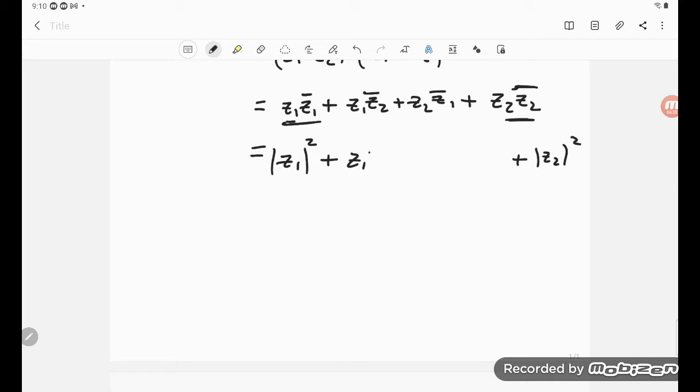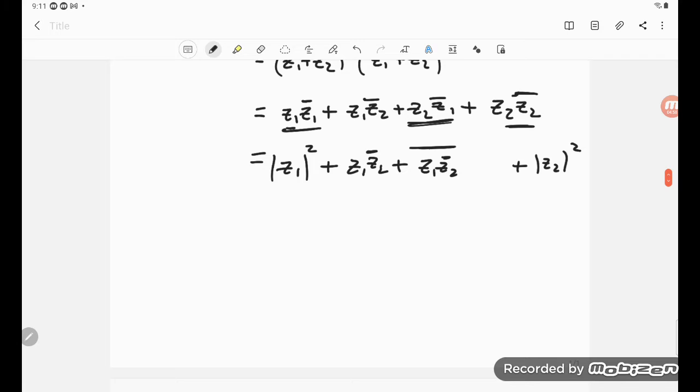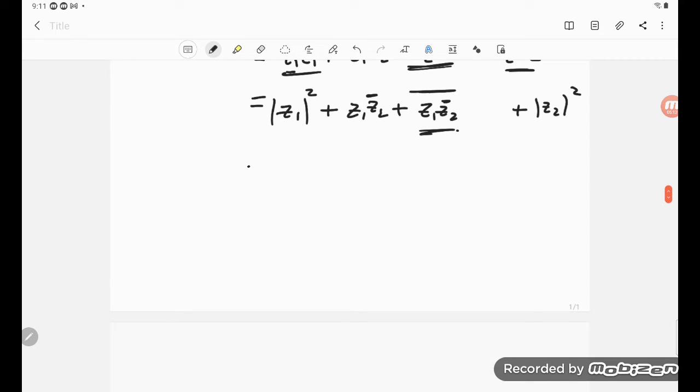Well, this is Z1 Z2 conjugate, and notice then that this here is the conjugate of Z1 Z2 conjugate. How about that? See, because then if I take the conjugate of this product here, I'll get the Z1 conjugate and then Z2 conjugate conjugate, which is just Z2. So we've got that.